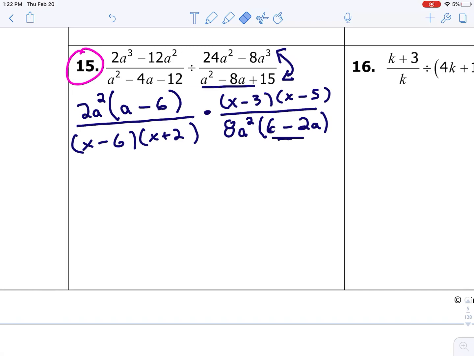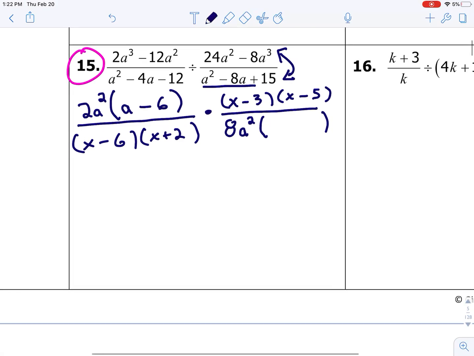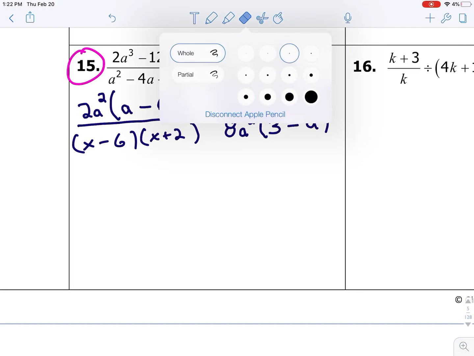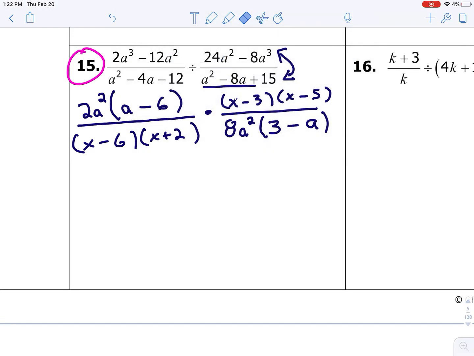It's the number 8. So 8a squared times 3 is going to give me 24a squared. And then that's going to be minus a. Okay? And I just noticed I wrote x's in here too. So I get used to using x on all the problems. So this is also a. So the only variable is a.